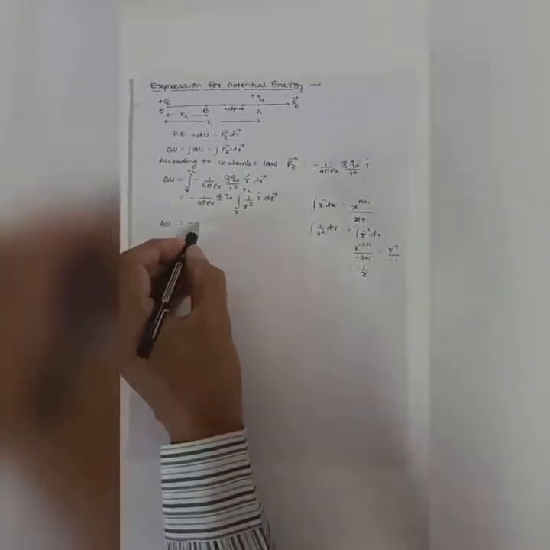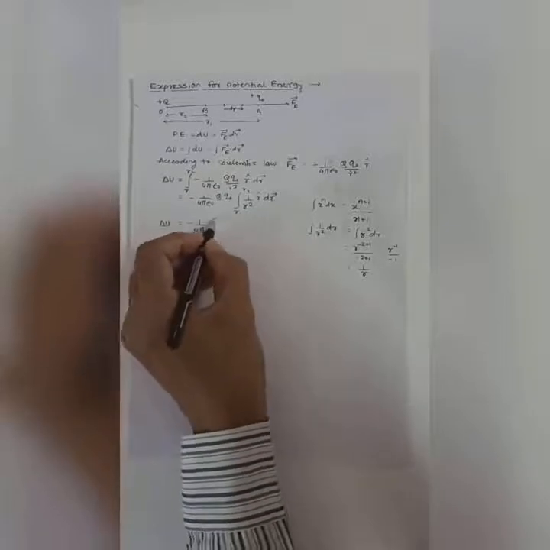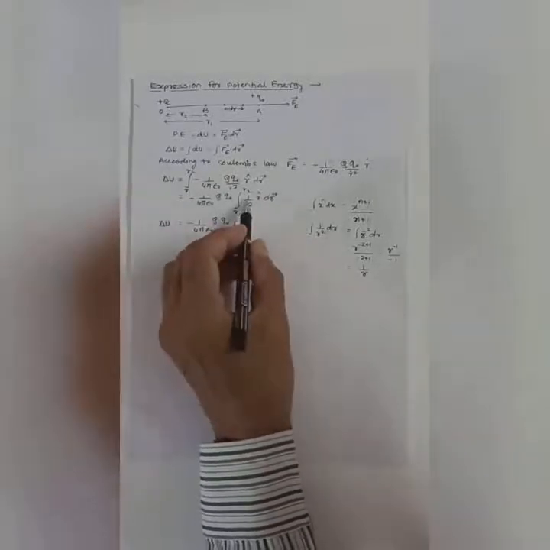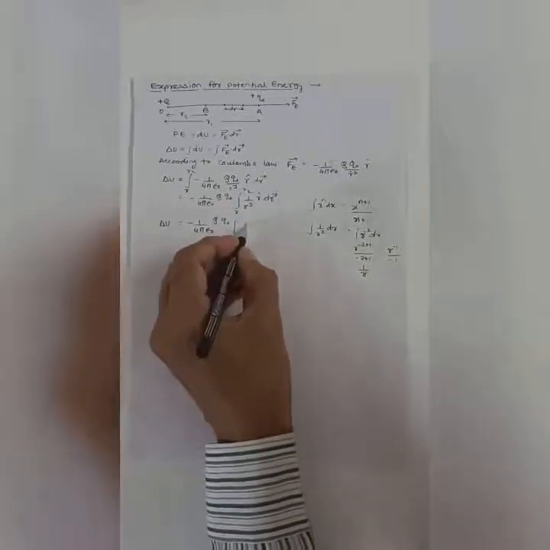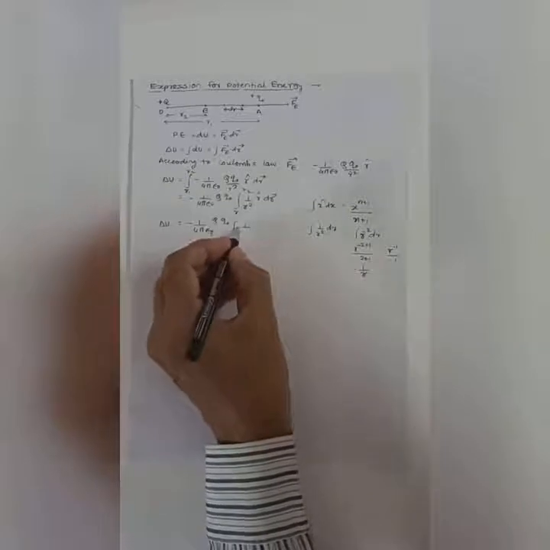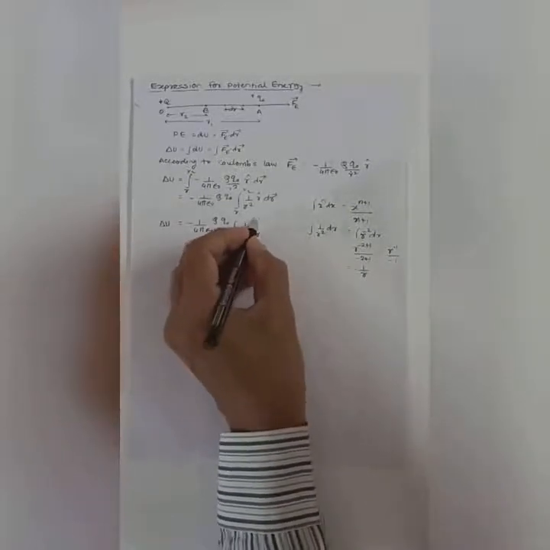So minus 1 upon 4 pi epsilon 0 Q Q0 into the integration gives minus 1 upon r from R1 to R2.